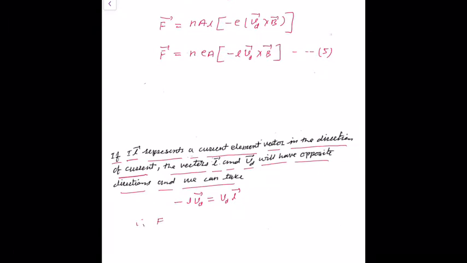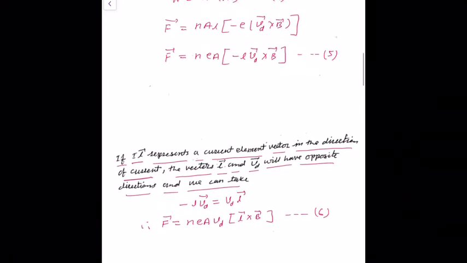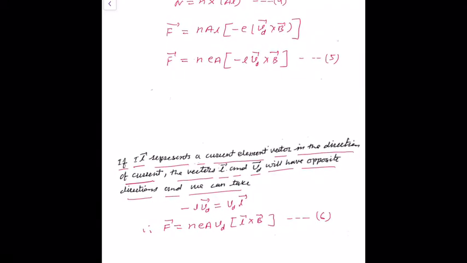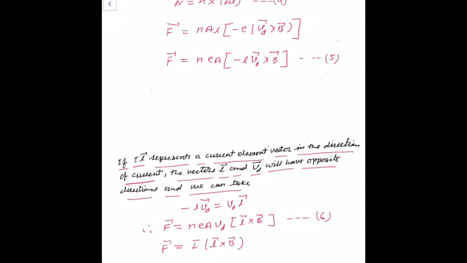Therefore, F vector is equal to neA Vd L vector cross B vector. It is equation 6. From equations 1st and 6 we get F vector is equal to I L vector cross B vector.